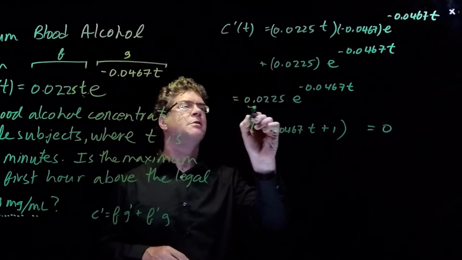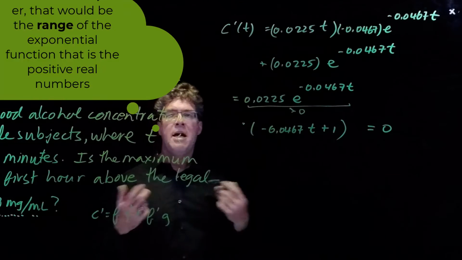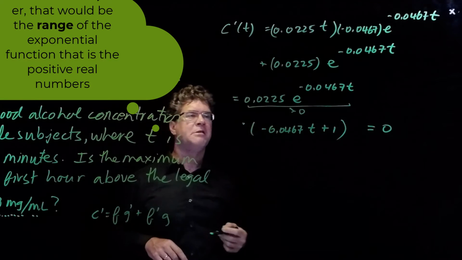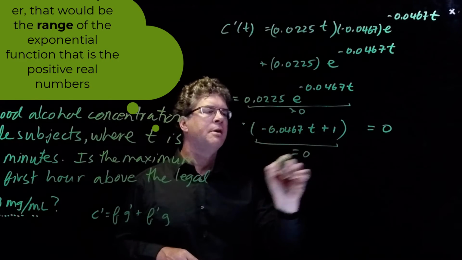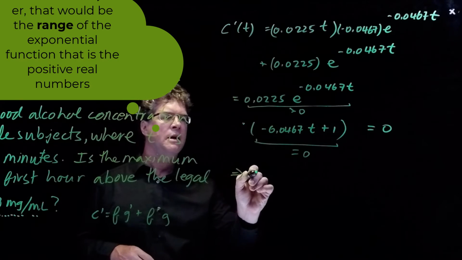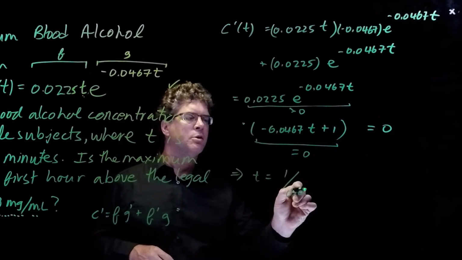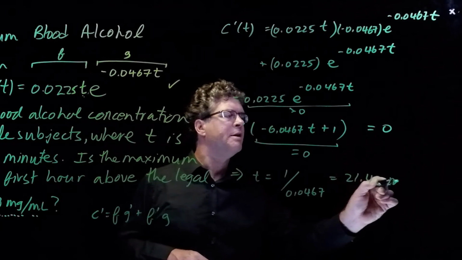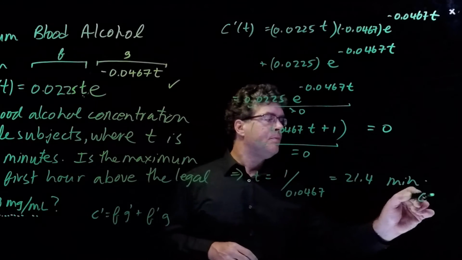And this first term, though, is going to be positive because the range of the exponential function is the positive real numbers. And so it must be that this second term is equal to 0. And so we can solve that for t to get t is equal to 1 over 0.0467, which is about 21.4 minutes. That'll be our critical number.